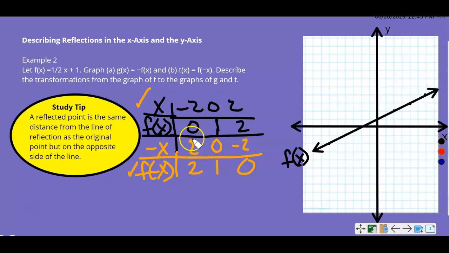All right, so -2, 2. So we got to go left 2, up 2. We've got 0 and 1. And we've got 2, 0.